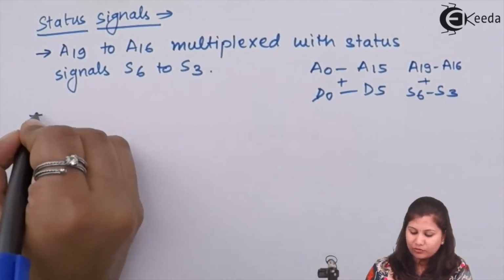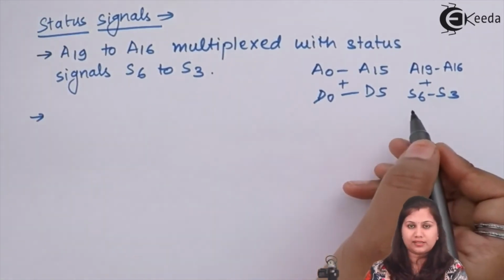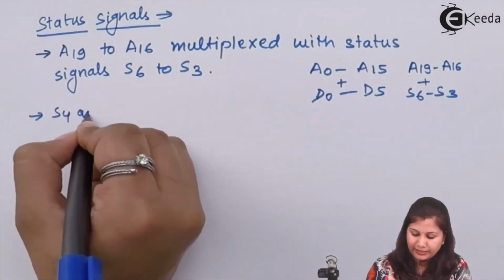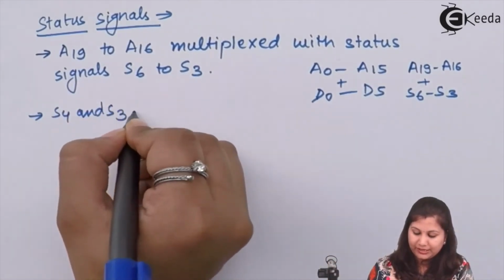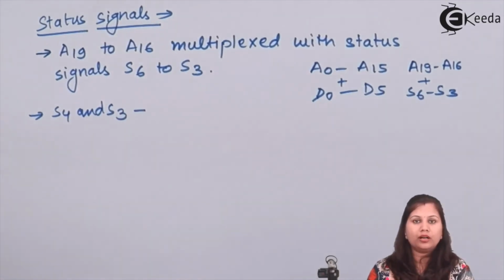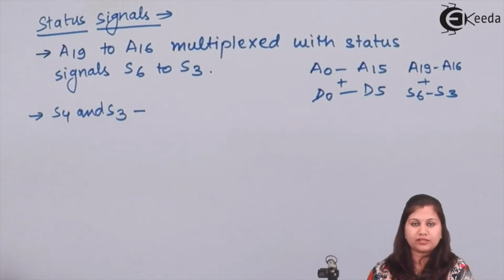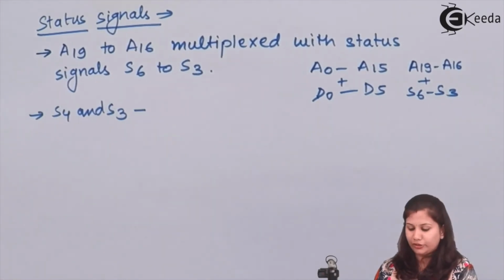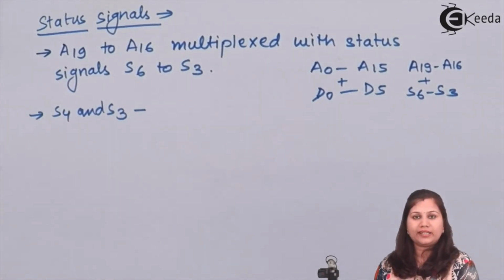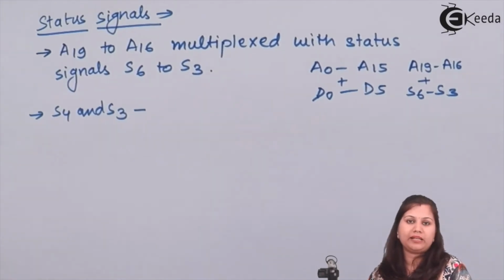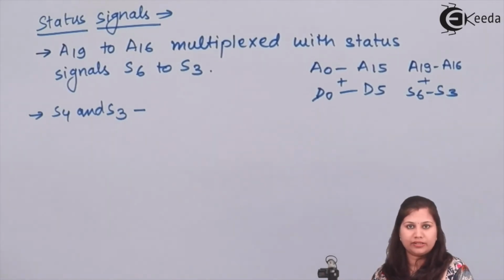Now let us see what the function of these status signals is. The signals S4 and S3 are used to select the segment registers which are available in the 8086. In the 8086, we have four segment registers: code segment, data segment, stack segment, and extra segment registers.